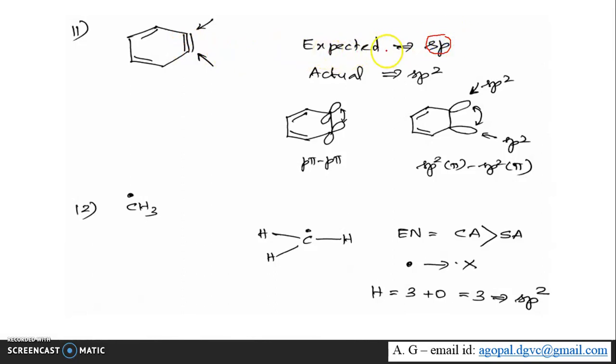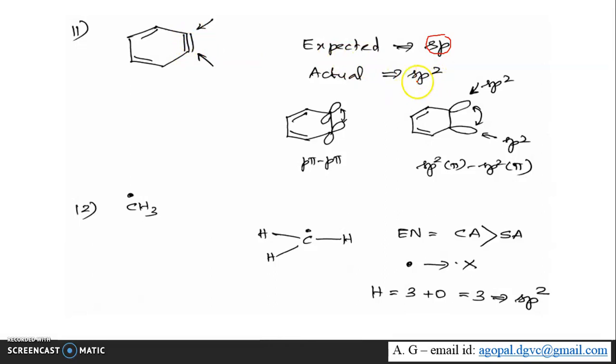So the expected hybridization of this carbon and that carbon should be sp. But if you see the shape, it is not linear, right? sp hybridization should have linear geometry, but now the geometry is not linear. It shows that hybridization cannot be sp. So what is the actual hybridization? The actual hybridization of these two carbons is sp2.